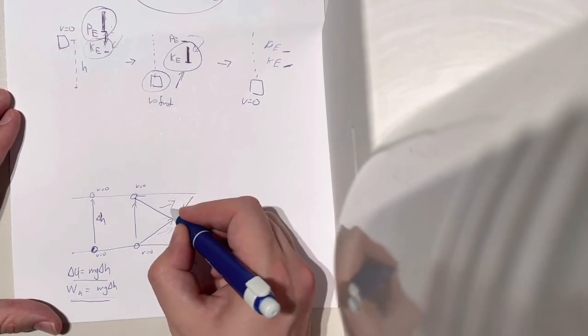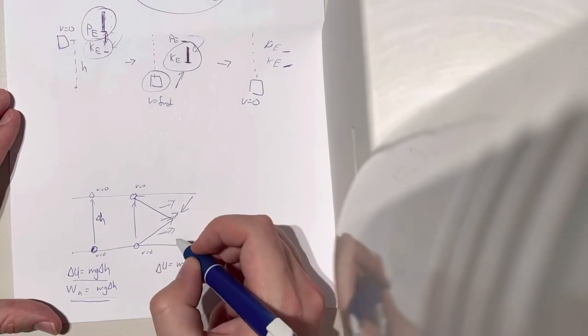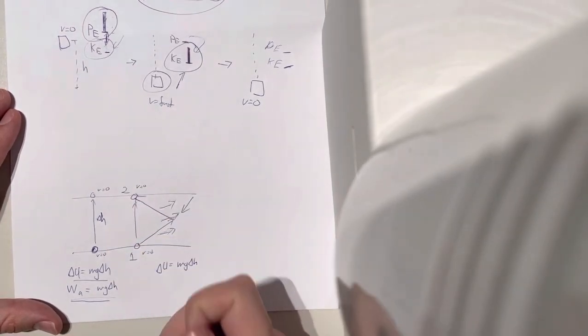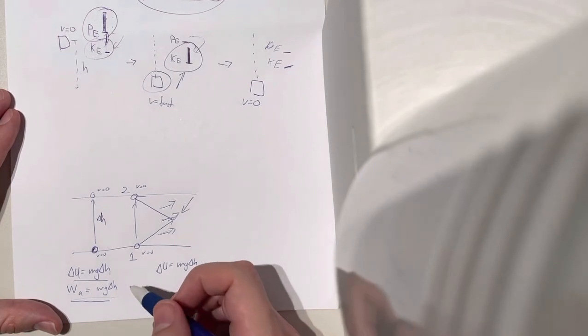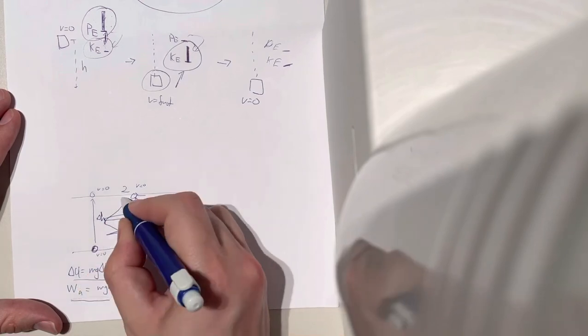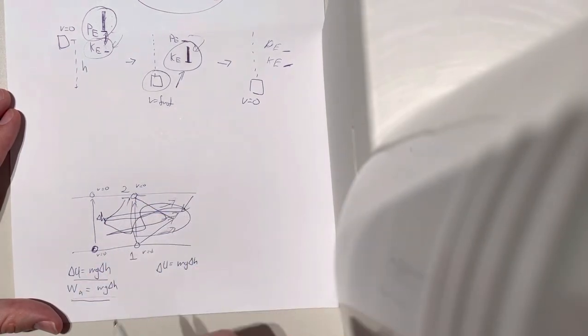This is what we mean by path independence. The difference in potential energy between state 1 and state 2 is independent of the path taken to get from state 1 to state 2. So you just go from here to there, or do some sort of squiggle to get to state 2. It doesn't matter. All that matters is the difference between the two.